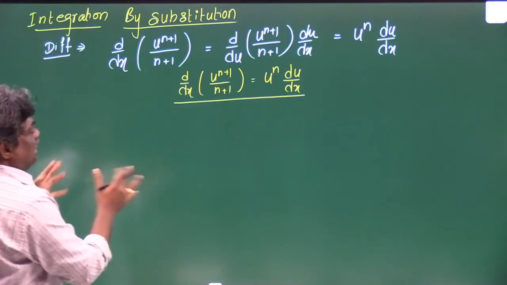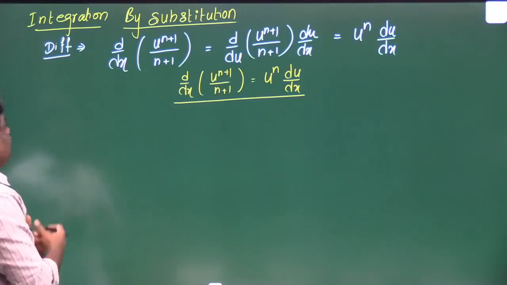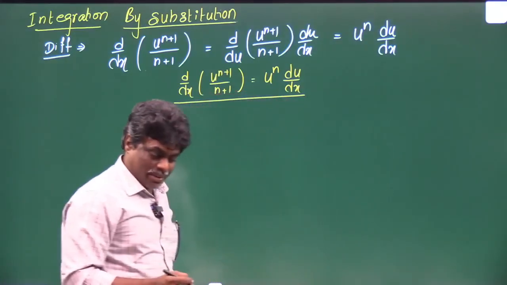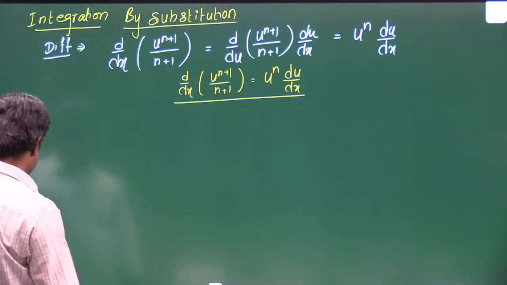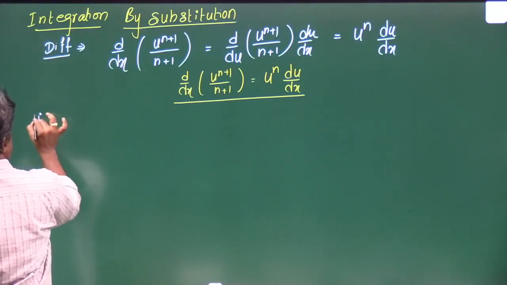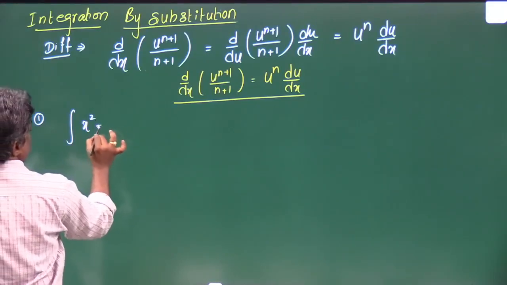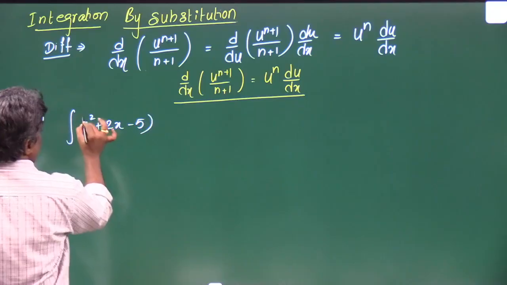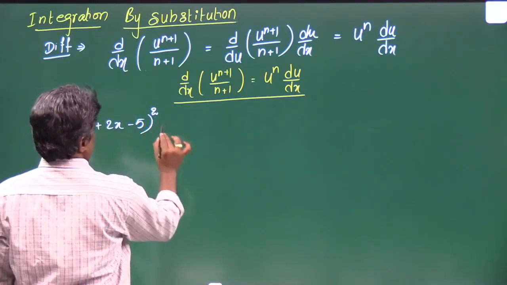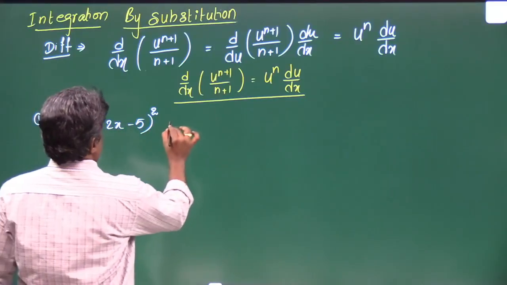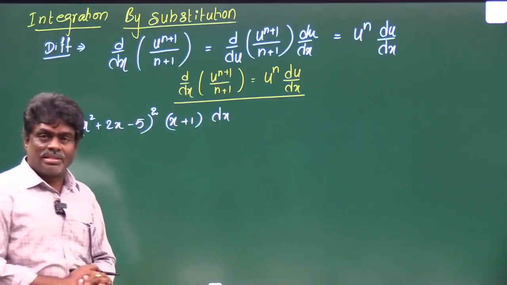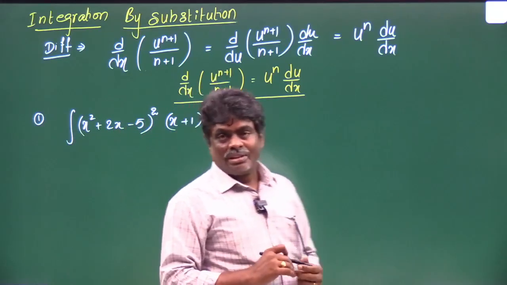So let us take the antiderivative of this, that is nothing but the integration by substitution. Let us take a small problem, then you will understand. Let me take one question first. So here I am taking integral of x square plus 2x minus 5, whole square, into x plus 1. This is the integration. Now carefully observe.